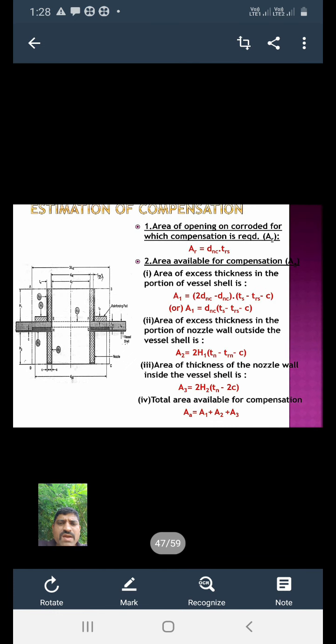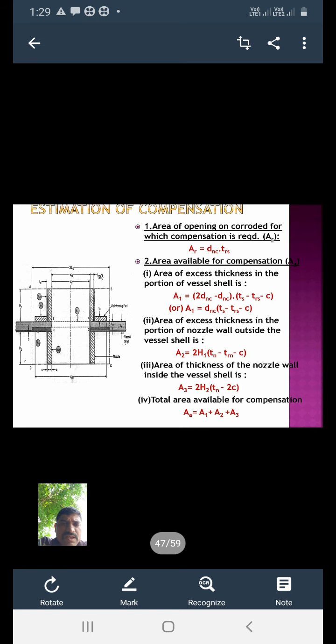Then next, area available for compensation. You should check which area is available for the compensation. Okay, area of excess thickness in the portion of the vessel shell. We will check which area is given. A1 is given.